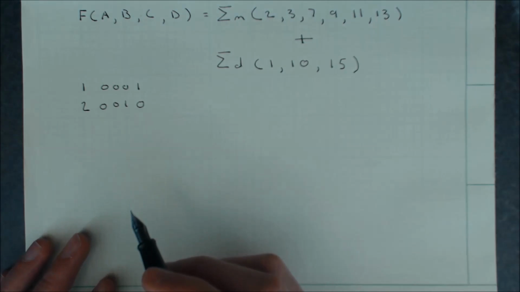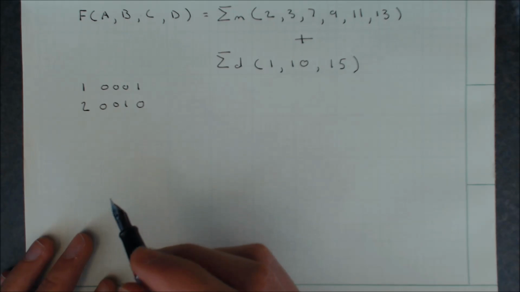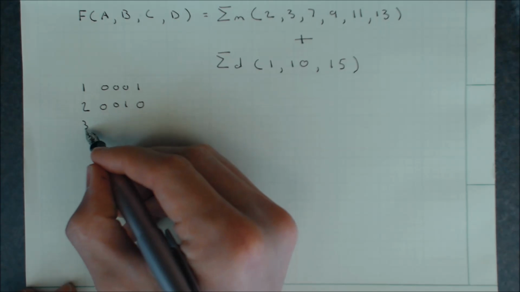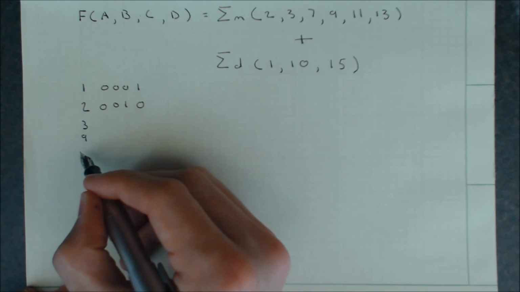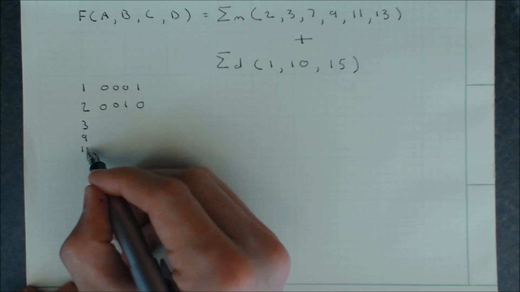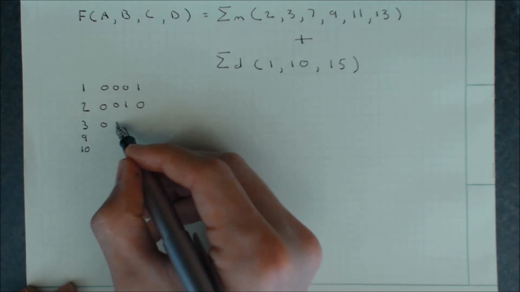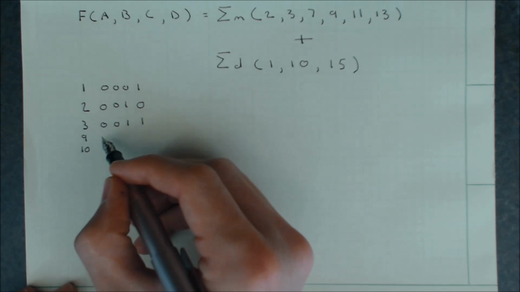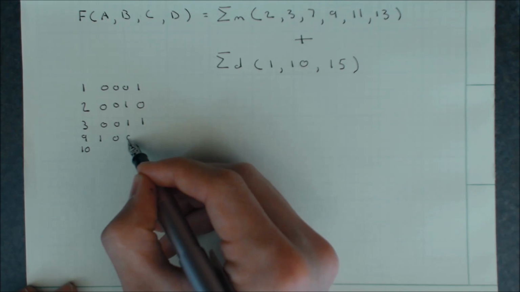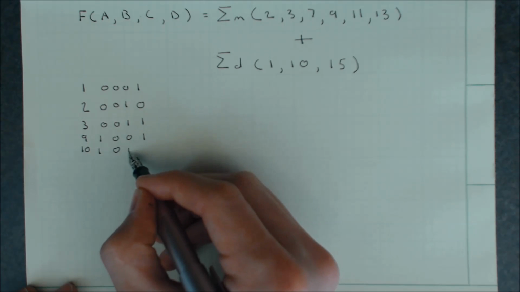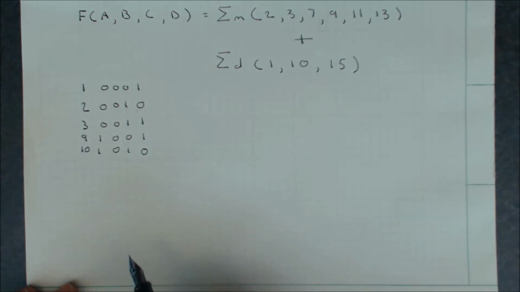Now we look at numbers that have two 1s in them. In this case, it will be the numbers 3, 9, and 10, whose representations will be 0, 0, 1, 1, 1, 0, 0, 1, and 1, 0, 1, 0.